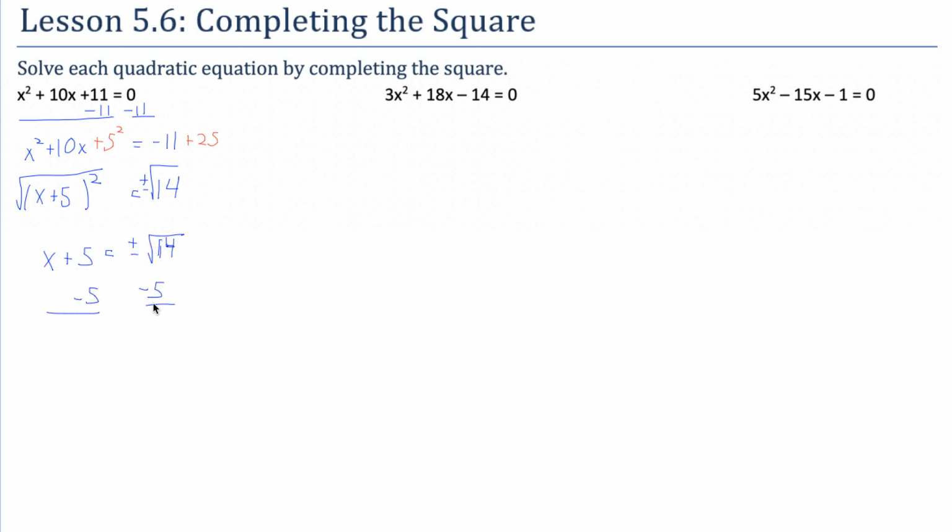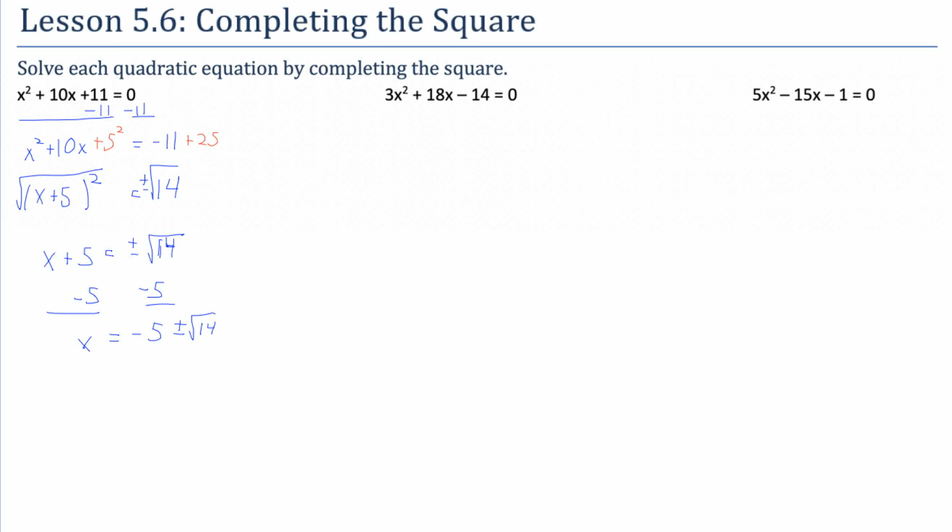Oftentimes when we do this, we like to write the rational part first. So we put the negative 5 first, and then plus or minus the square root of 14. So that was our first go of solving a quadratic equation by completing the square.